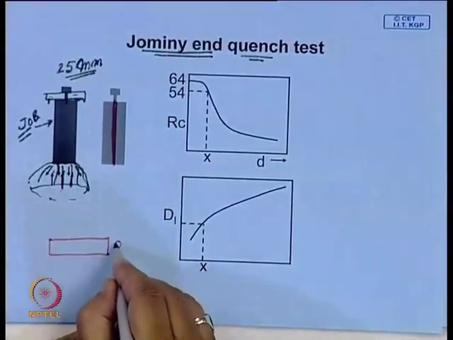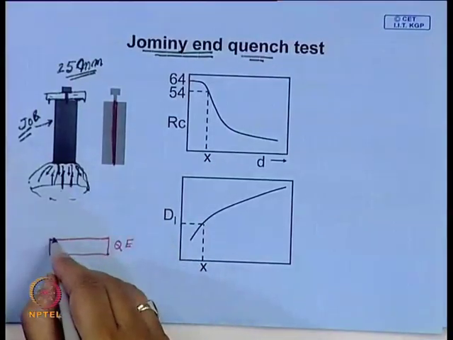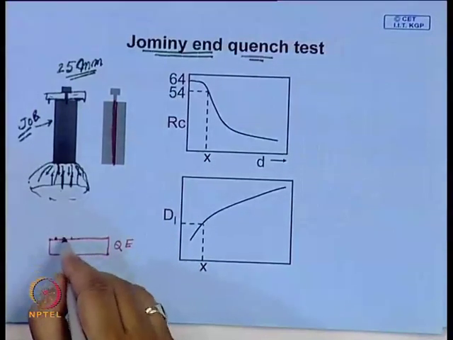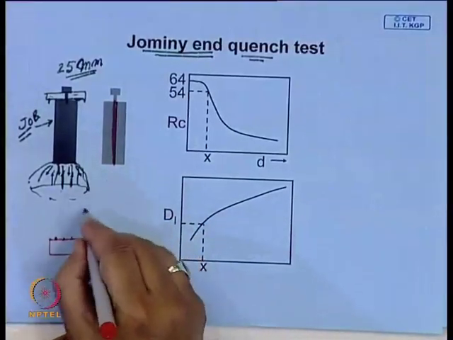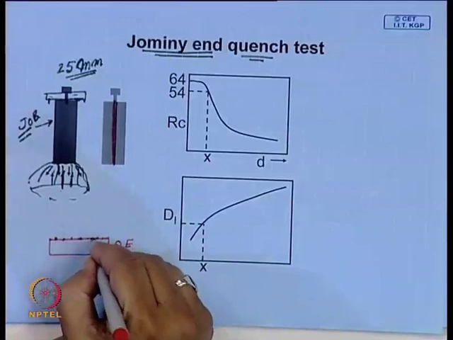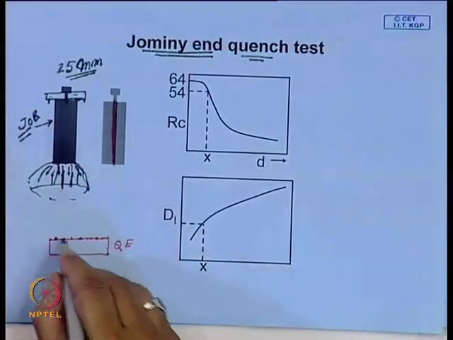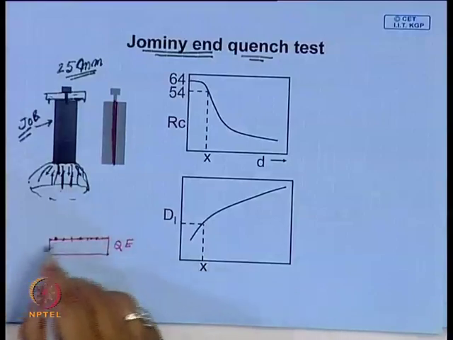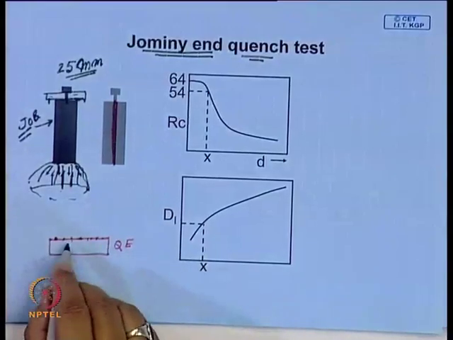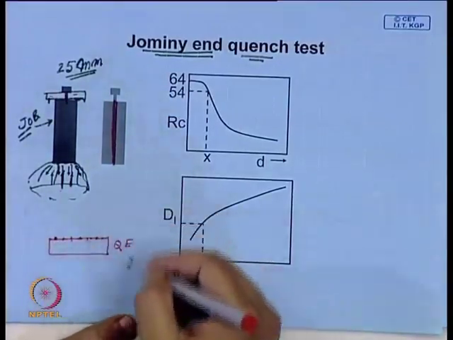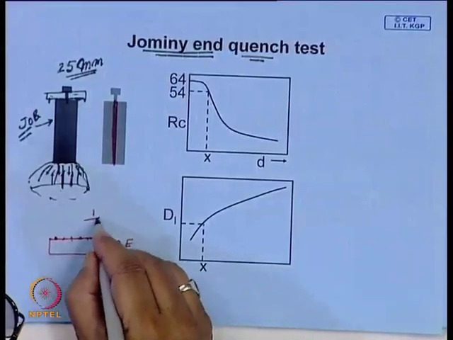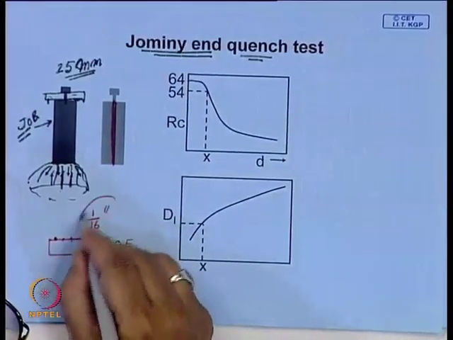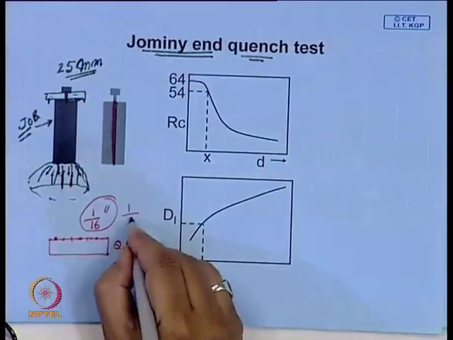So, this is the quenched end, you start measuring hardness from this end at some regular interval. There are stages which can be mounted on the Rockwell hardness testing machine, and by rotating one cycle you can move the job by a fixed distance, and usually this depth is maybe 1/16 of an inch or 1/8 of an inch.